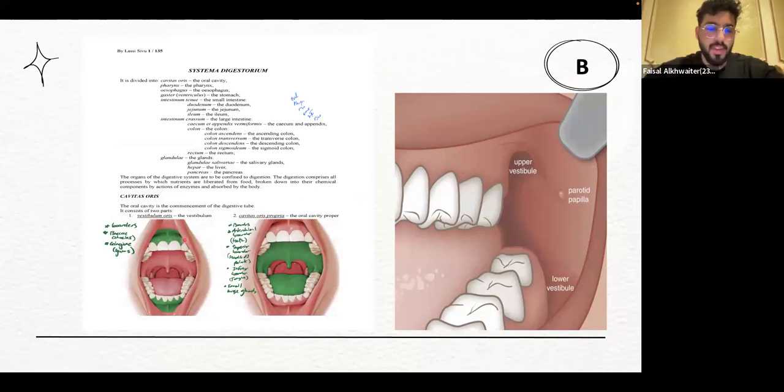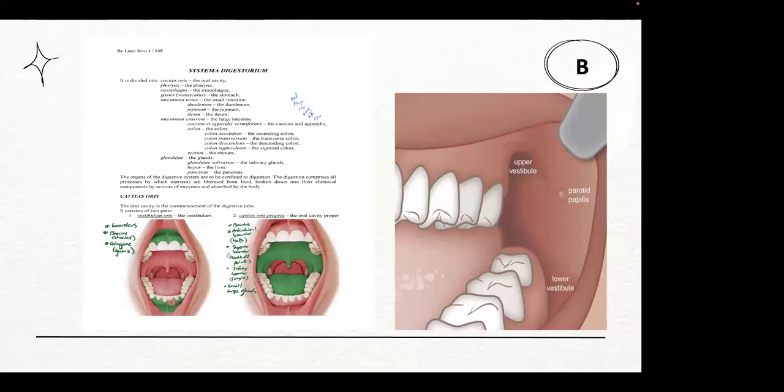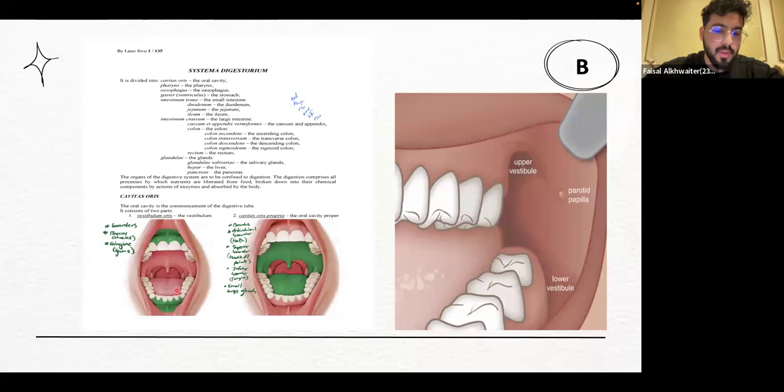Can you guys see those two areas? Those two areas are called the vestibules. They're separated from the oral cavity proper by the teeth and the gums. The submandibular and sublingual ducts are in the oral cavity proper.